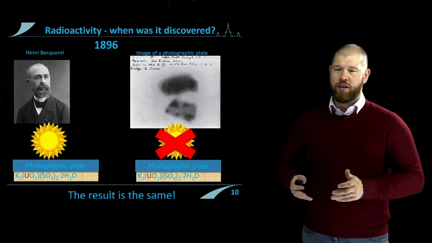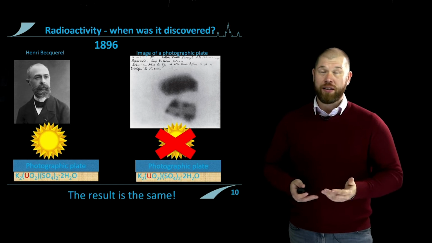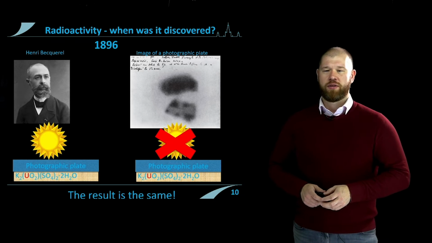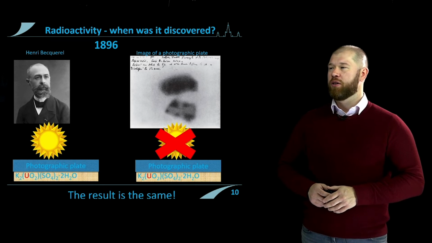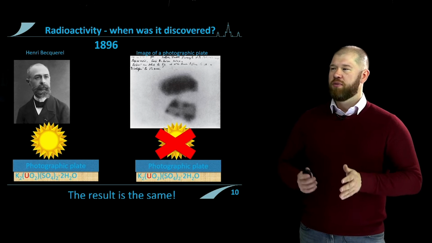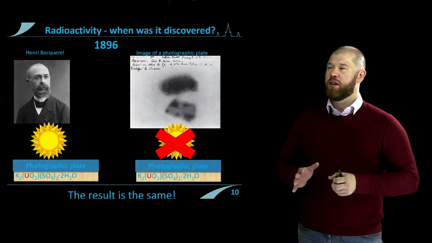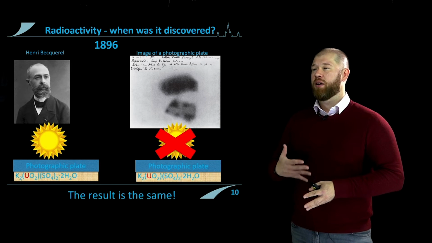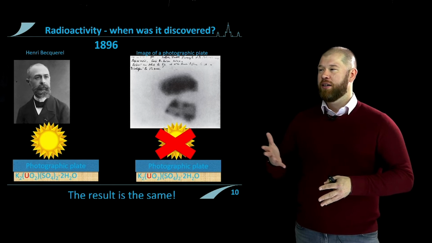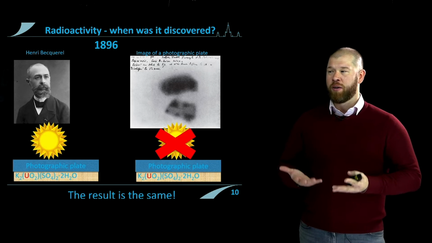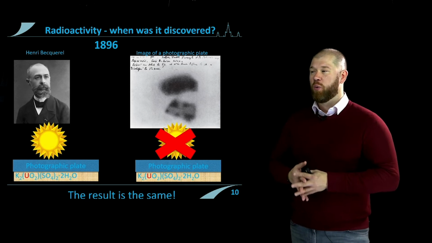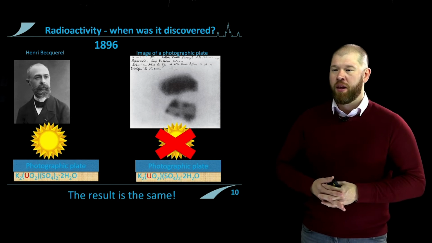As there was still no sunlight, he decided just to check if something had happened with the photographic plate. And he observed that even without sunlight, the uranium salt still emits these unknown rays that had an effect on the photographic plate. So with sunlight and without sunlight, it was the same result.